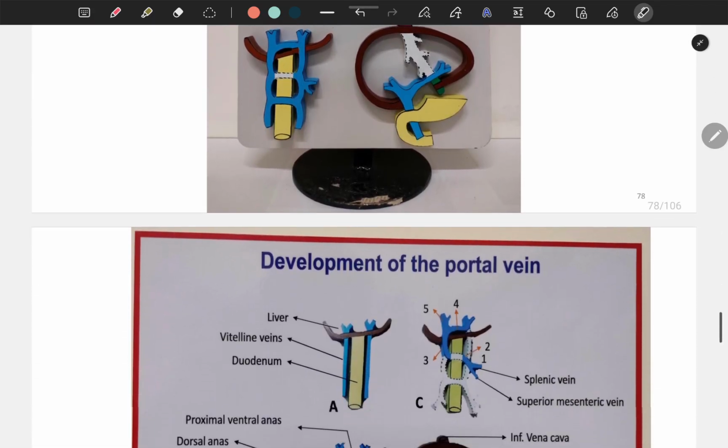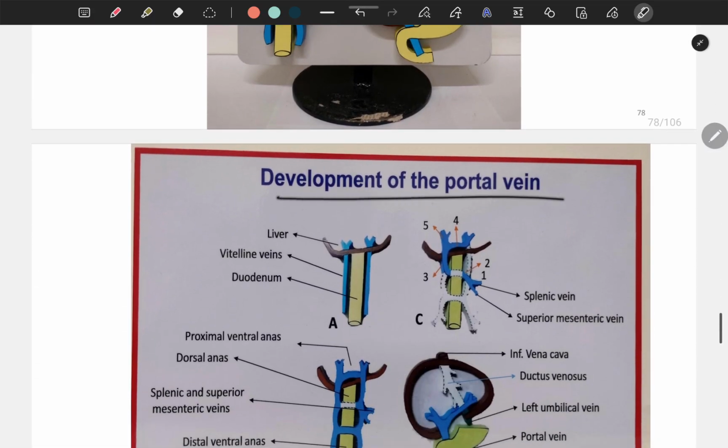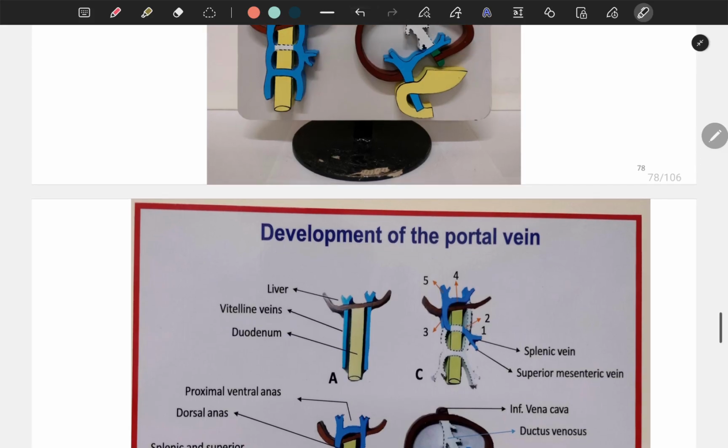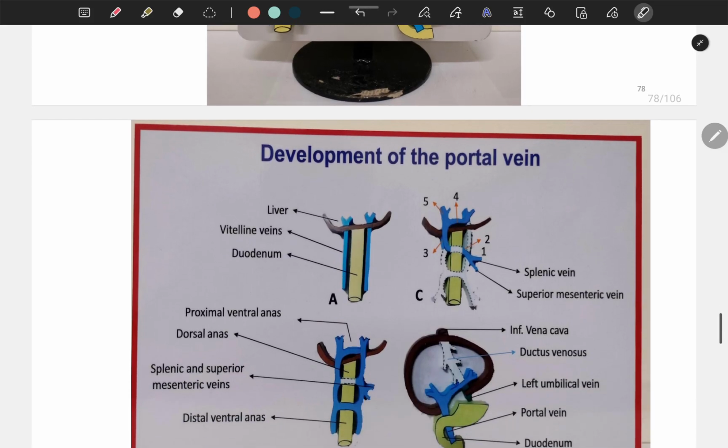Now coming to the development of portal vein. Okay. Development of portal vein, same as we saw above.